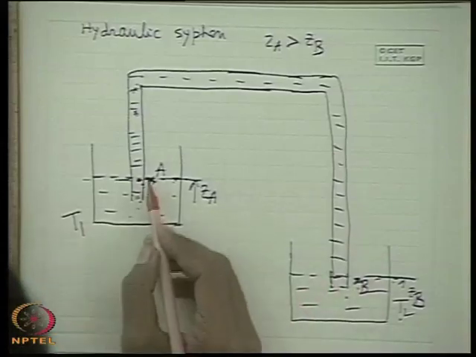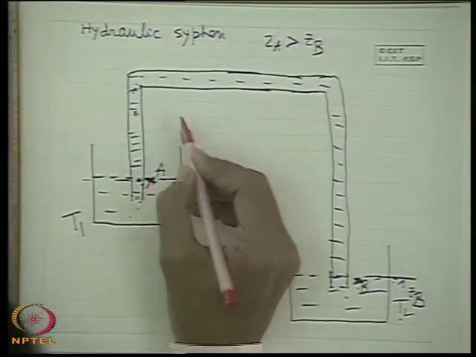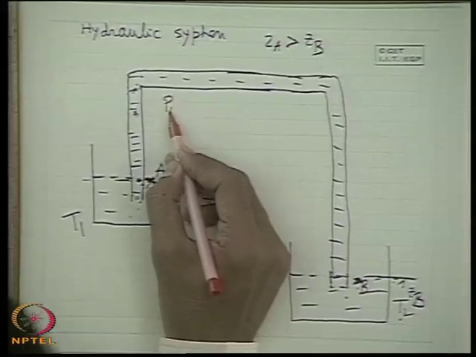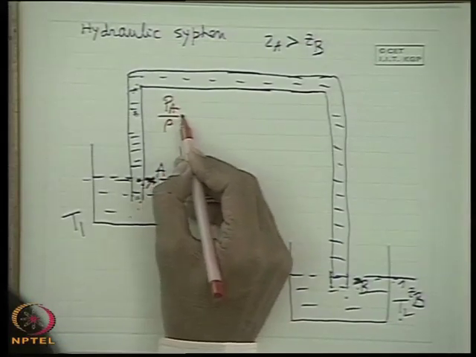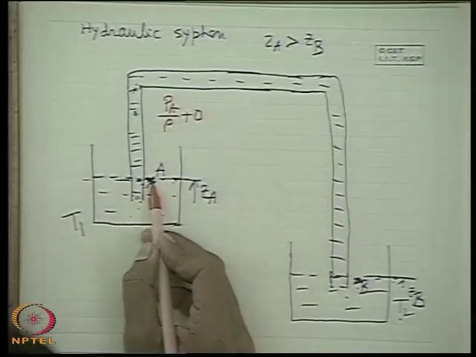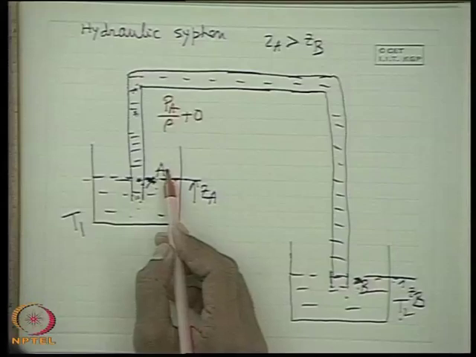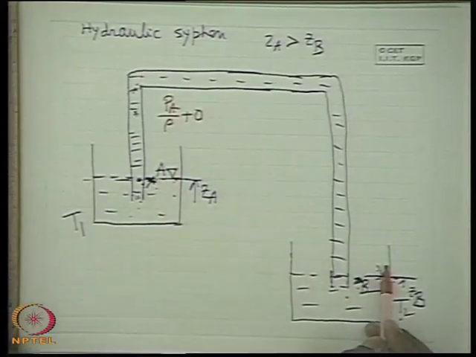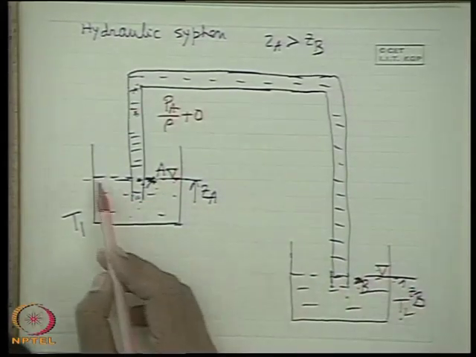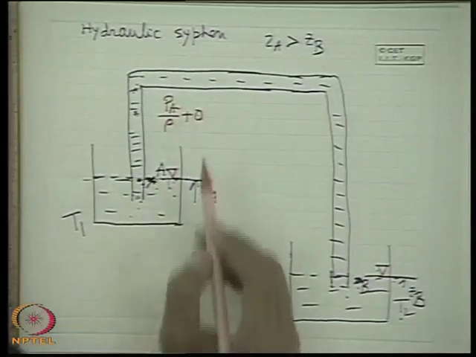Now, let us write the Bernoulli's equation between point A and point B. If I write Pa by rho plus, what is the velocity here? Velocity here is 0 at the free surface. Though this surface is going down, it is very slow, or we can maintain a constant head by supplying, so there is no movement of this surface, so velocity energy is 0.